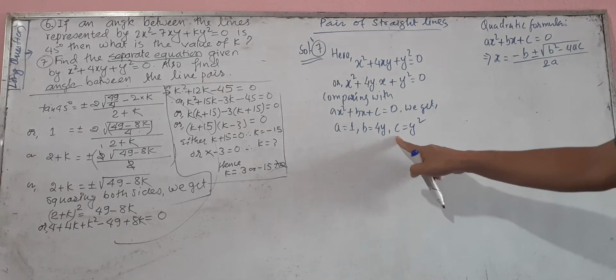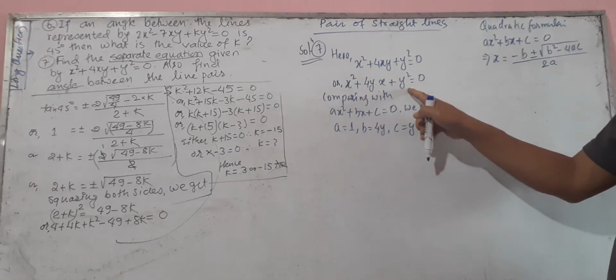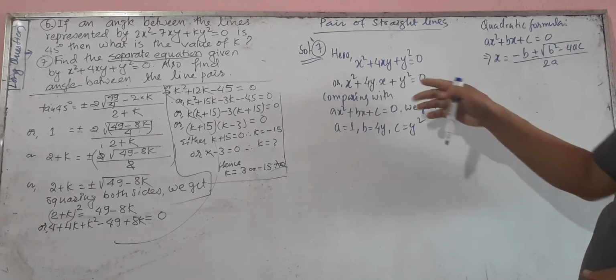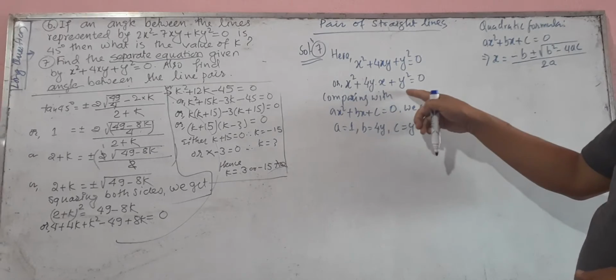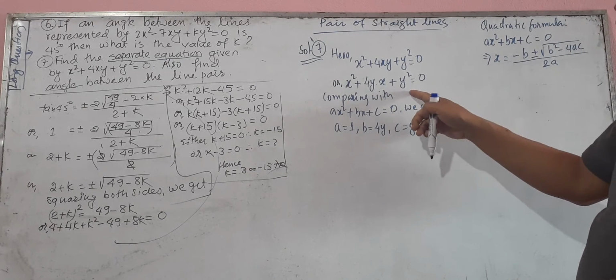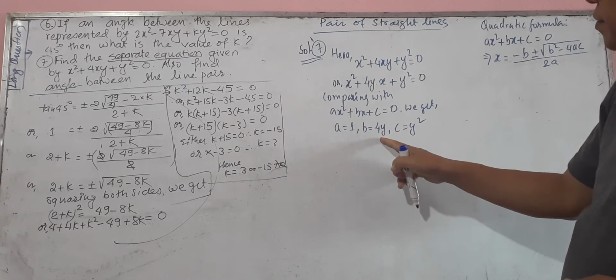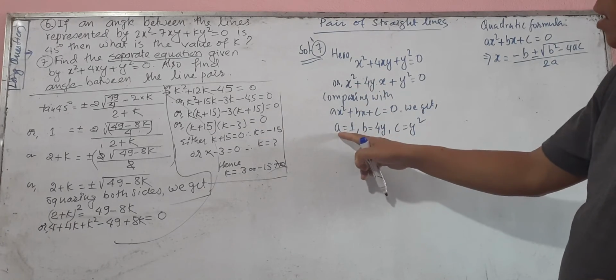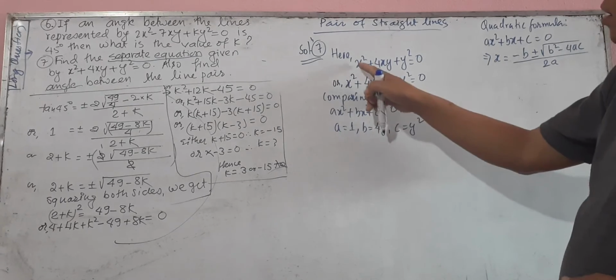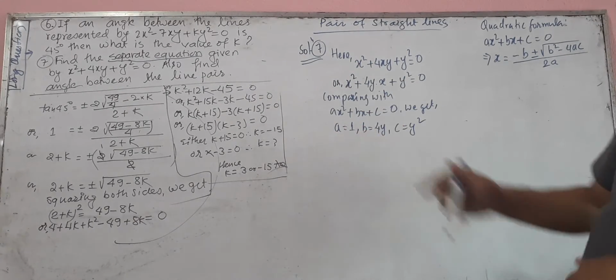C is the term free of x, that is the constant, b is the coefficient of x, and a is the coefficient of x square, which is 1. So a is equal to 1.